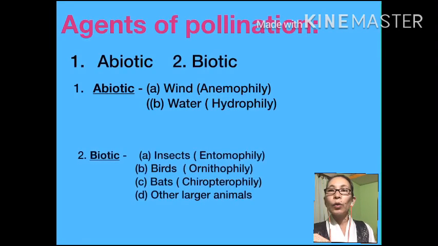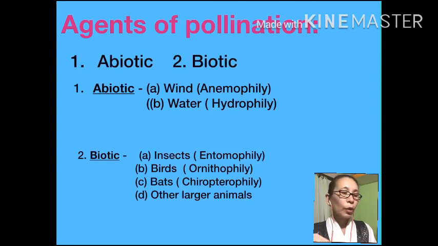Biotic agents include a variety of animals such as insects, birds, bats, lizards, and mammals. Pollination by insects is collectively known as entomophily, whereas pollination by birds is referred to as ornithophily, and pollination by bats is called chiropterophily.